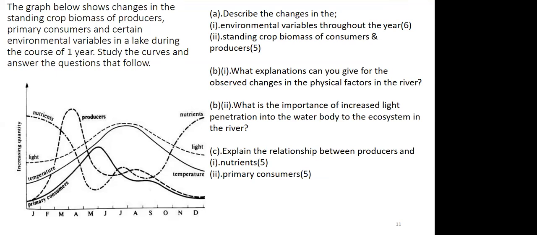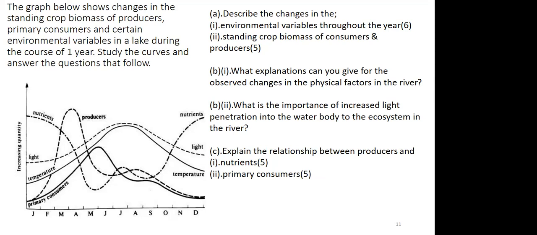We see that the physical factors the producers need are both light and temperature, but of course temperature within certain limits. At some point we see the light increasing, but when the light is greatest, our producers are not really at their highest. That should put a question mark on your mind.